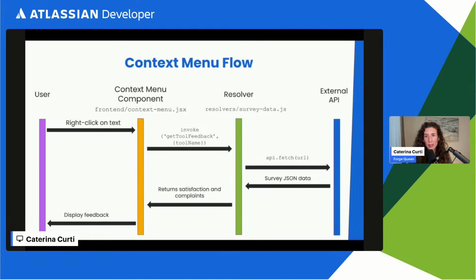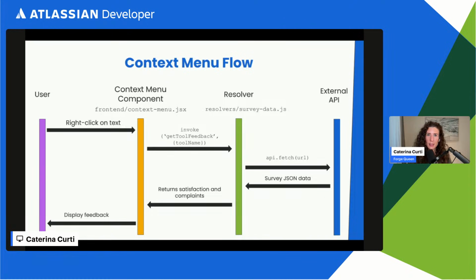But in this case, we are calling our function. We are using the invoke get tool feedback function, also providing a parameter. This is something that we didn't do earlier. I think even last week, all the functions were just using an invoke with no parameter, but in this case, the tool name that you see there is a parameter that we are passing back to the resolver.